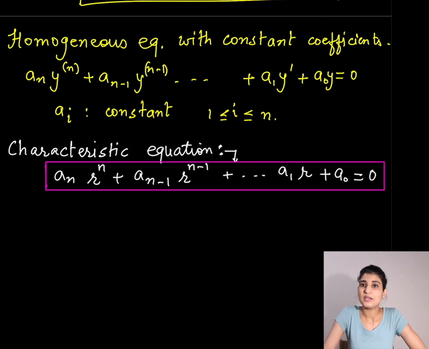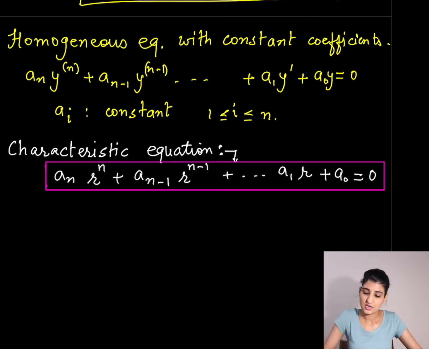If you remember, suppose r is a root of this characteristic equation, then e power rx is going to be a solution of the homogeneous equation. We discussed three cases: if roots are real and distinct, if roots are equal, if roots are complex.